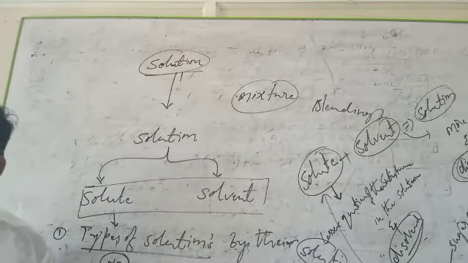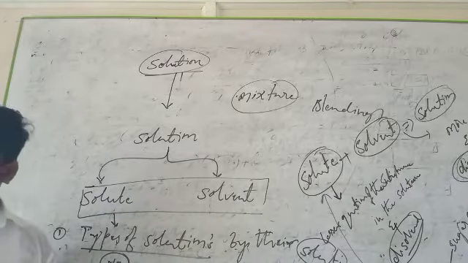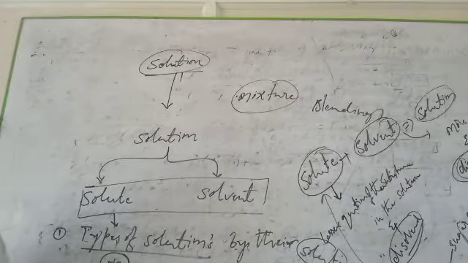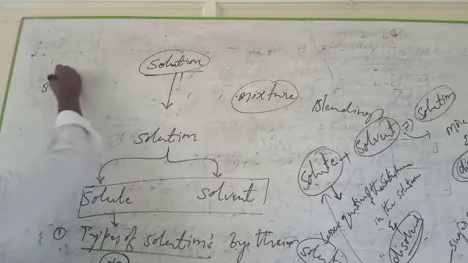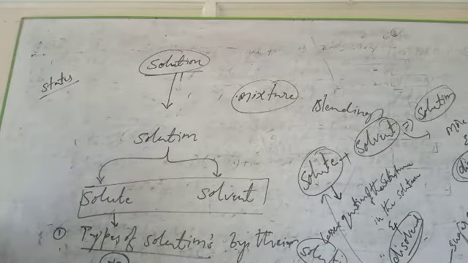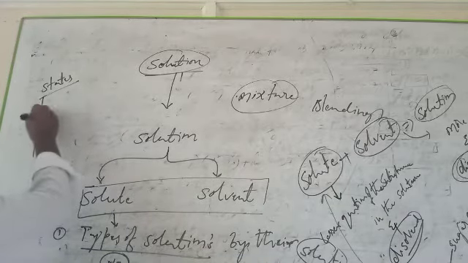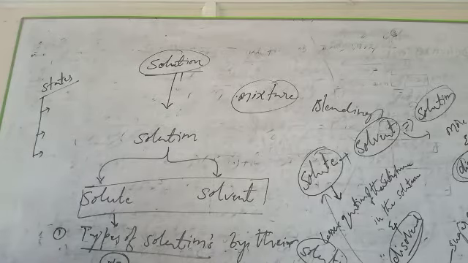These binary solutions, how many types by their states? Binary solutions by their states are three types.